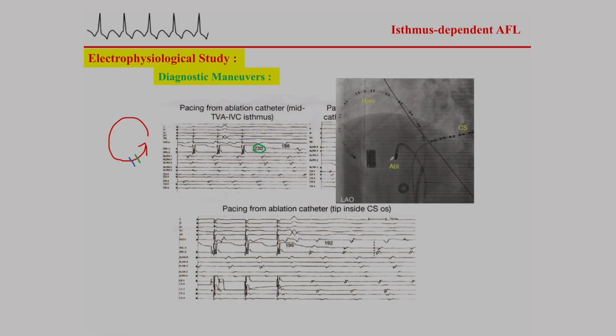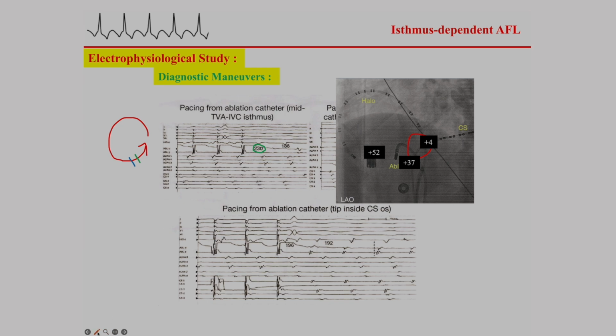In this case, we can conclude that we are in front of a circuit around the paraseptal tricuspid isthmus, and this is a feature of intra-isthmus atrial flutter, one of the kind.